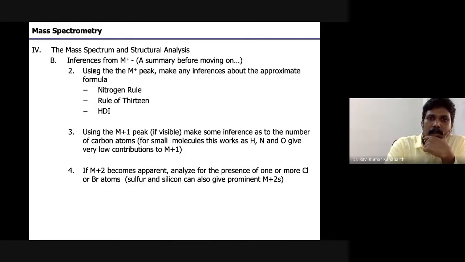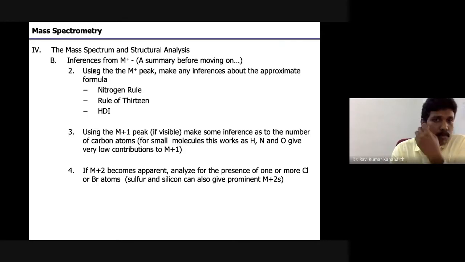You can use some rules to get some conclusions. Once you have identified the molecular ion peak, you can try to get the molecular formula by using some of the rules that we have discussed.